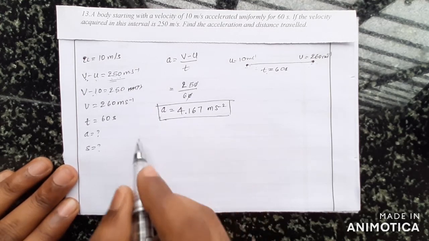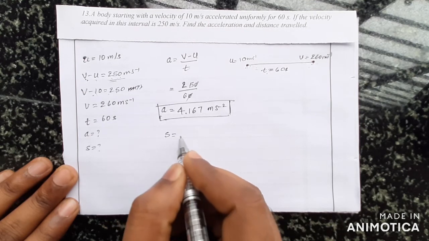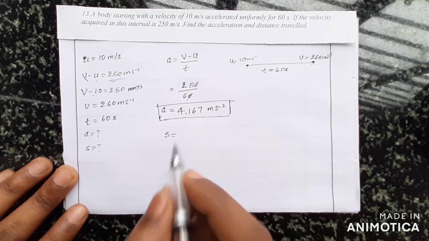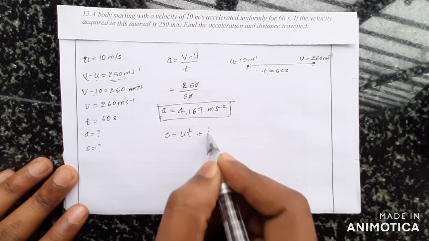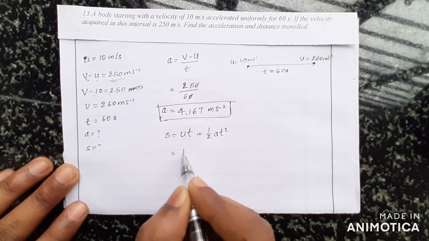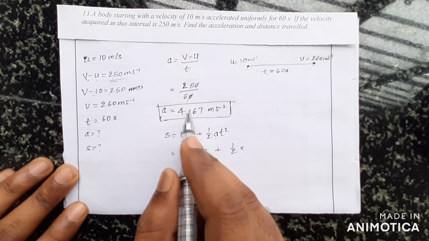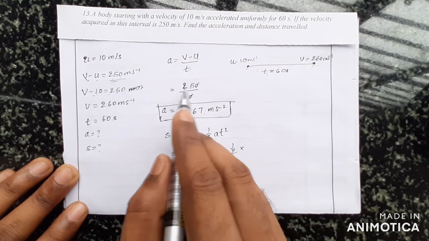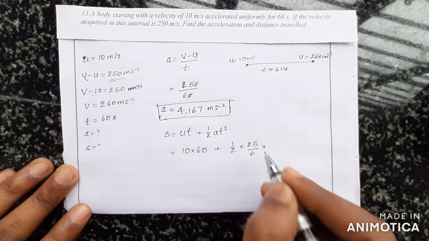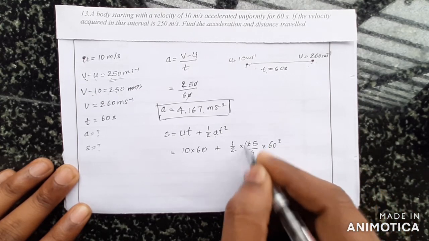Let me make use of the first one: s is equal to ut plus half at squared. u is 10, time is 60, plus half into acceleration, 4.167, which I can put as 25 by 6, into t squared, 60 squared.